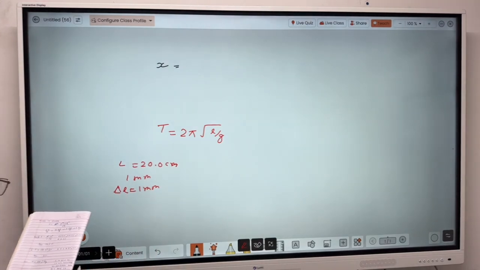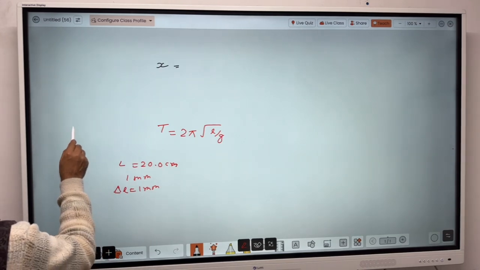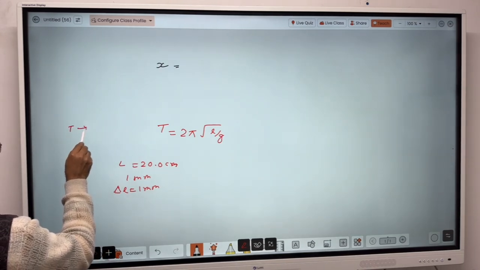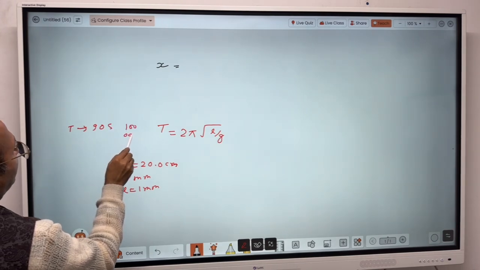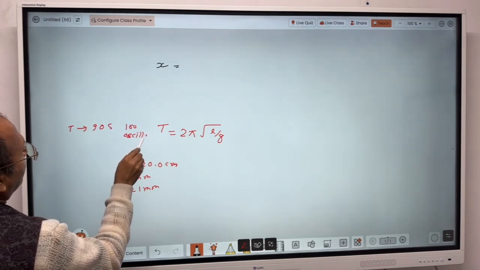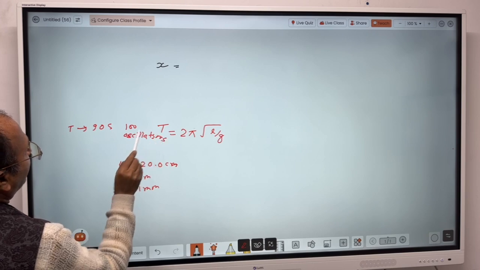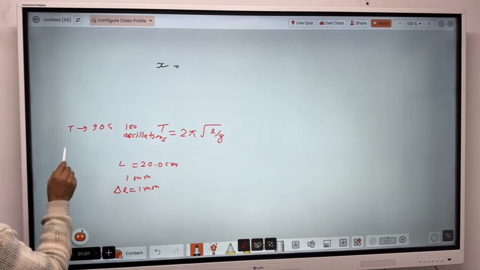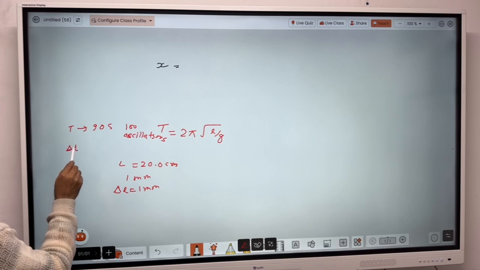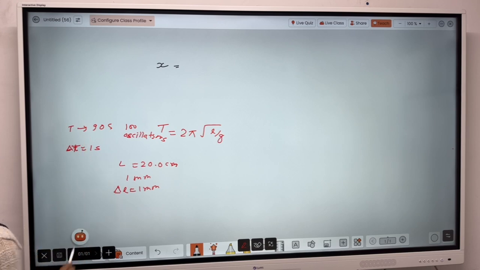And then the time period for 100 oscillations is 90 seconds. Time period is given as 90 seconds for 100 oscillations. Now here also we need accuracy. So the wristwatch used measures up to 1 second of accuracy. So we can say delta T is given as 1 second.